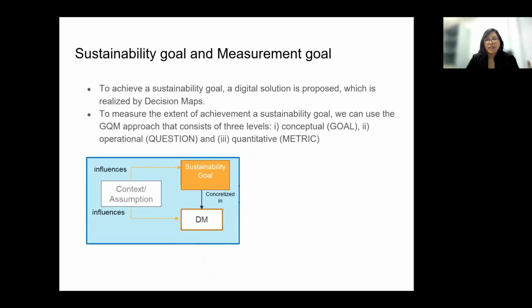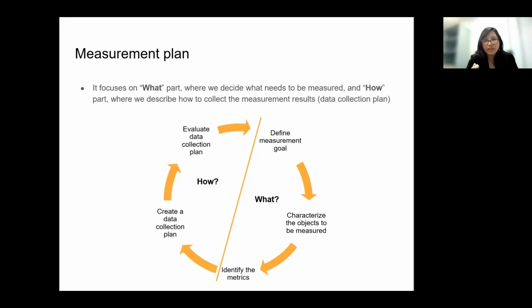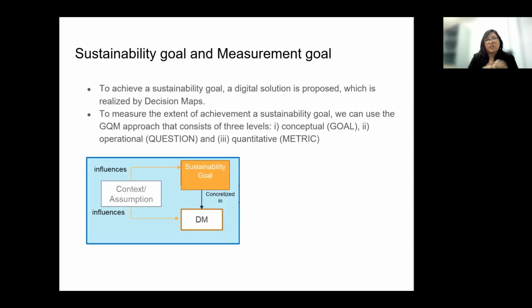So, we start with the definition of the measurement goal. But as you remember, you created a decision map. This decision map was an instrument to specify which sustainability goal you are aiming to achieve. So what is the relation of the sustainability goal and the measurement goal?